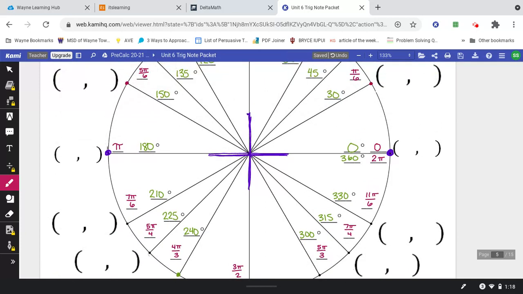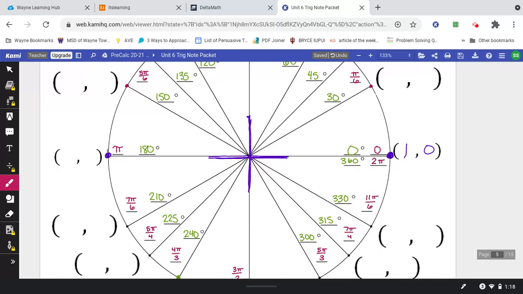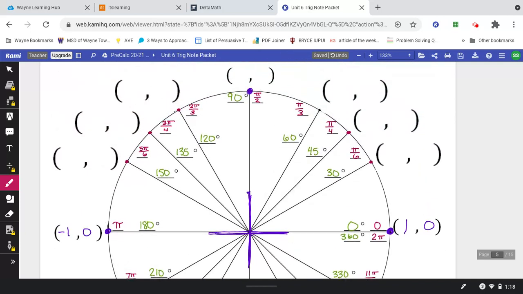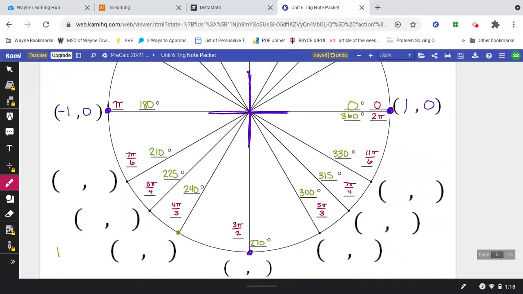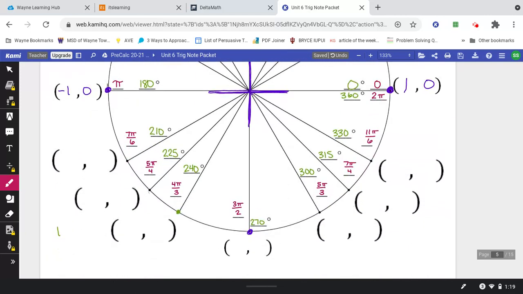So this point over here on the right, 1 in the x direction, 0 in the y direction. On the left-hand side, you would have -1, 0. Up at the top, 0 for the x, 1 for the y. And at the bottom, 0, -1.